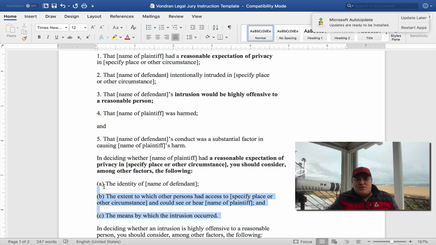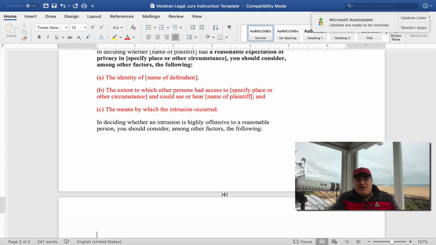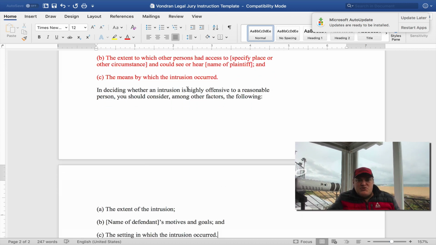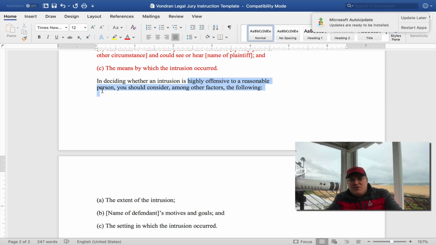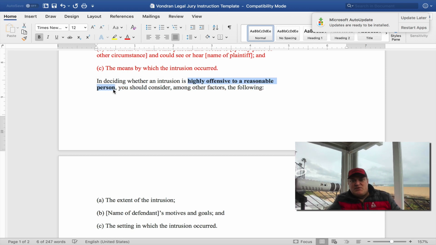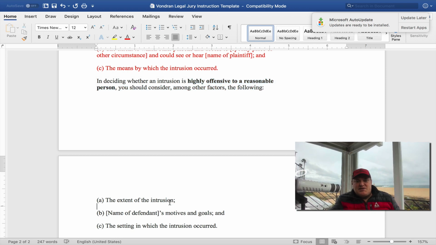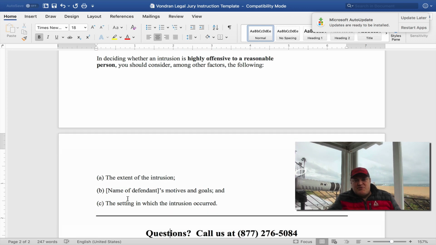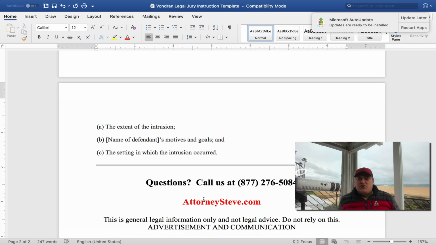Okay, so these are the 3 things you're looking at to determine whether or not they have a reasonable expectation of privacy. In determining whether an intrusion is highly offensive to a reasonable person, remember that was the other requirement, you need to look at the extent of the intrusion, the nature of the defendant's motives and goals, and the setting in which the intrusion occurred, okay? So those are your basic elements.